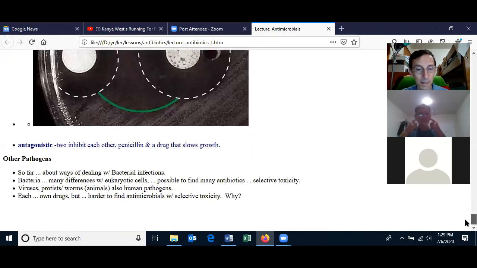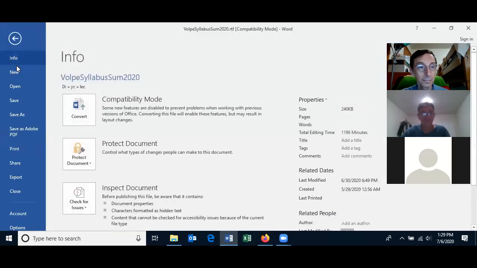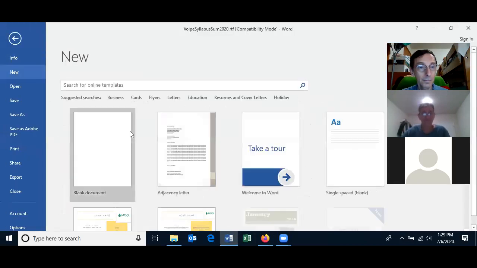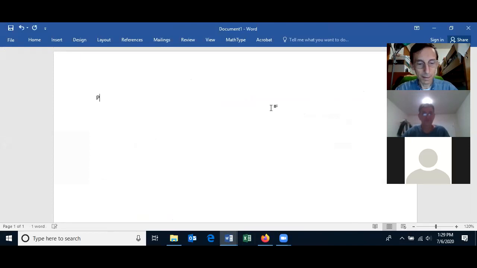And let me see if I can bring out a new thing here. Let's see if I can do this. PABA, para-amino benzoic acid. And we have a drug.